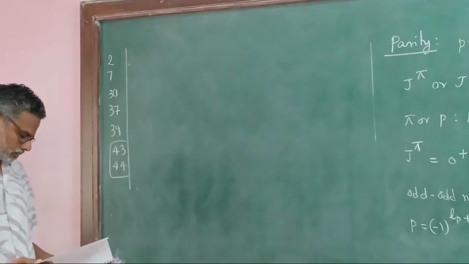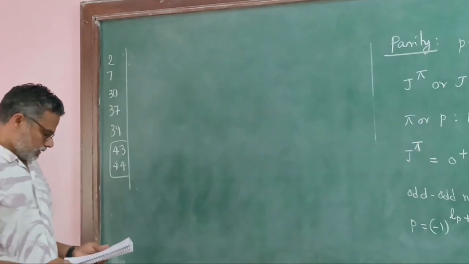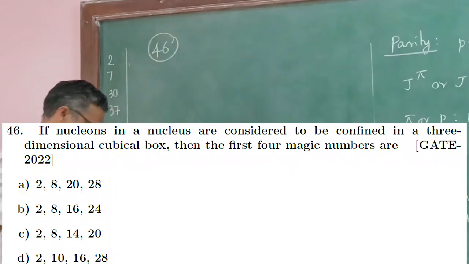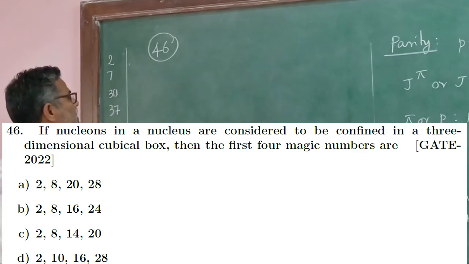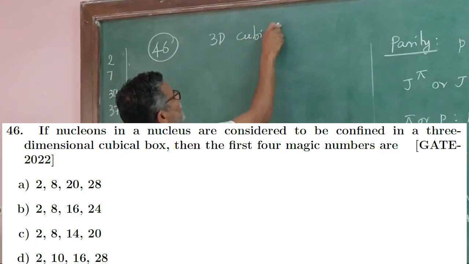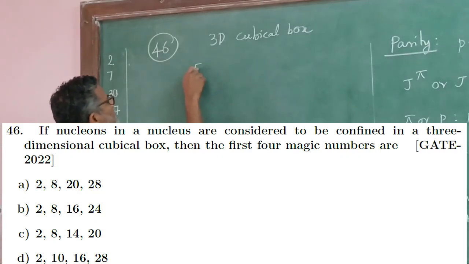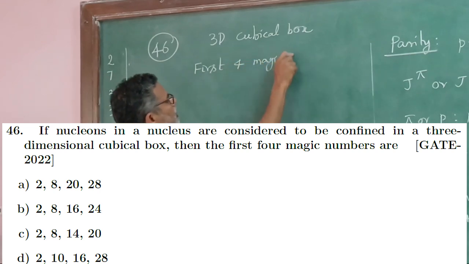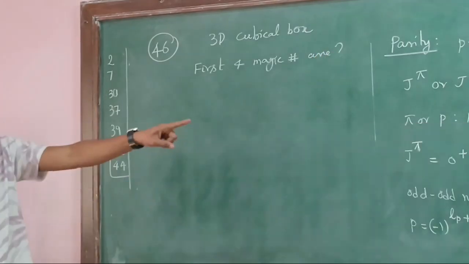One more problem is here, number 46. If nucleons in a nucleus are considered to be confined in a three-dimensional cubical box, then the first four magic numbers are, is the question.